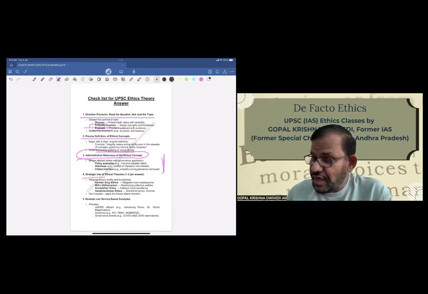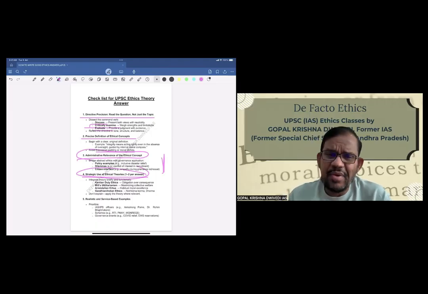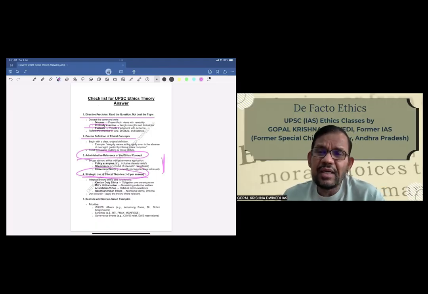Next is strategic use of ethical theories. This is again very, very important, because on the one hand, administrative relevance and examples are important; on the other hand, you have to use ethical theories also. For example, whether it is the deontology of Kant, the utilitarianism of Mill and Bentham, Aristotle's theory or Gandhian ethics, you have to appropriately apply and mention these in the answers.